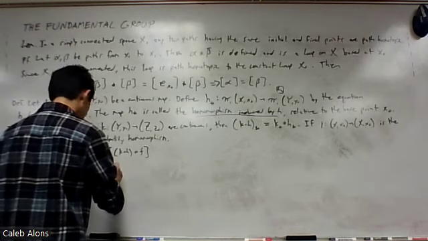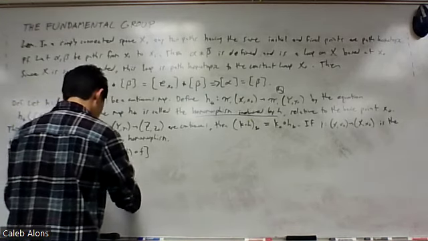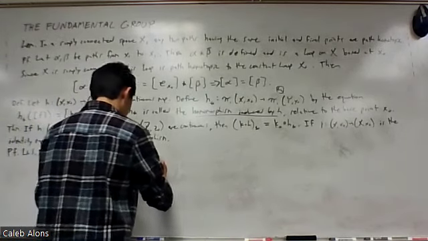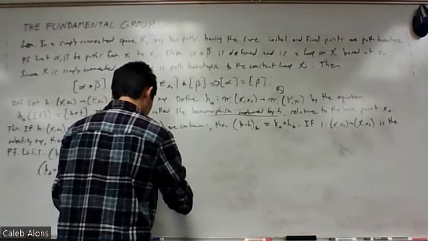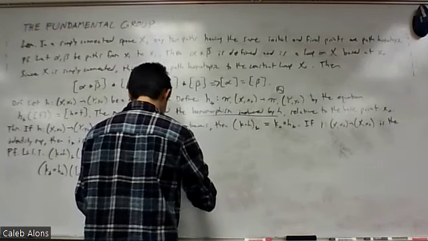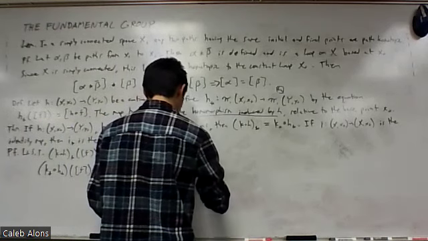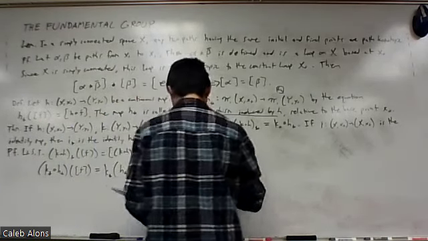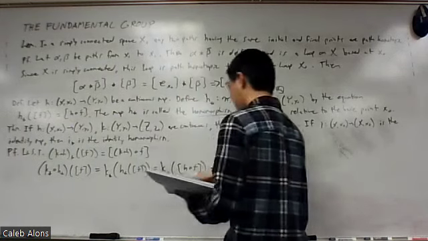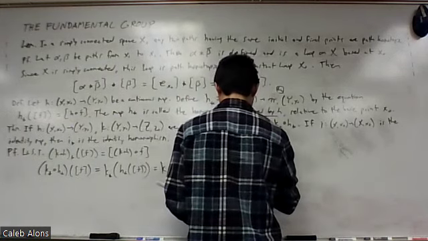So k star of h star of the class f. And then we can do h star first, which by definition is just going to be h composed with f. And then again, more by definition, this is just k composed with its input, which is h composed with f.